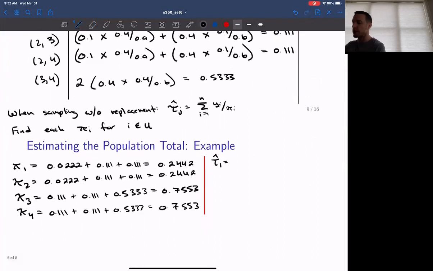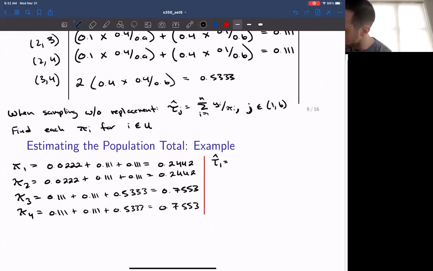Okay, so j is going to run from 1 to 6 because we have 6 samples, j in 1 to 6.